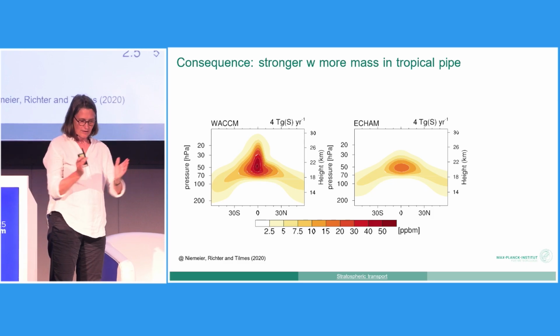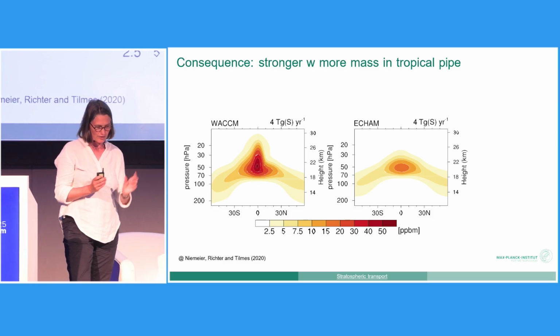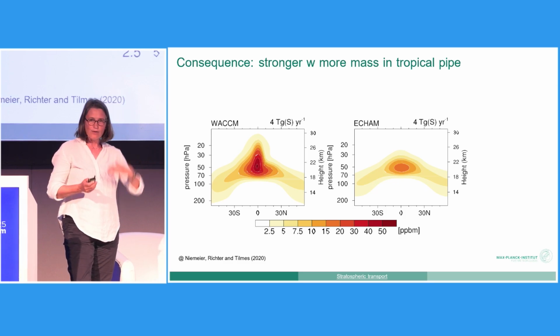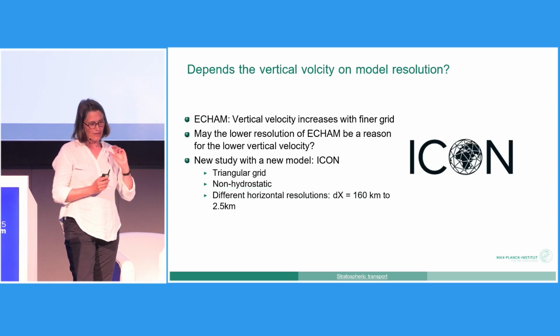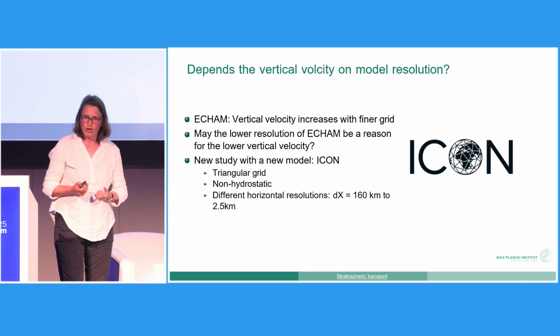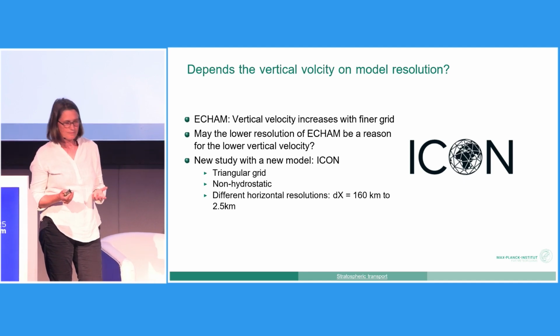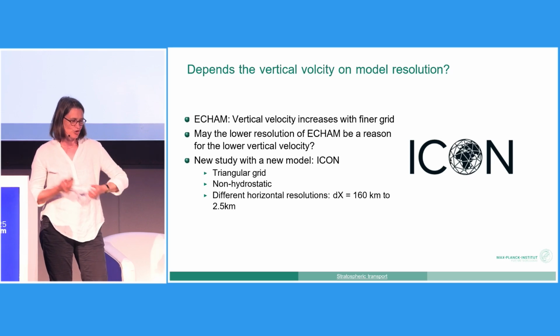When I used a finer grid, so a shorter distance between the grid points, my vertical velocity also increased. Therefore, I thought maybe this is also a matter of how I set up the model. The problem was that ECHAM was not able to run at even higher resolution, so I couldn't come close to the WACCM model.